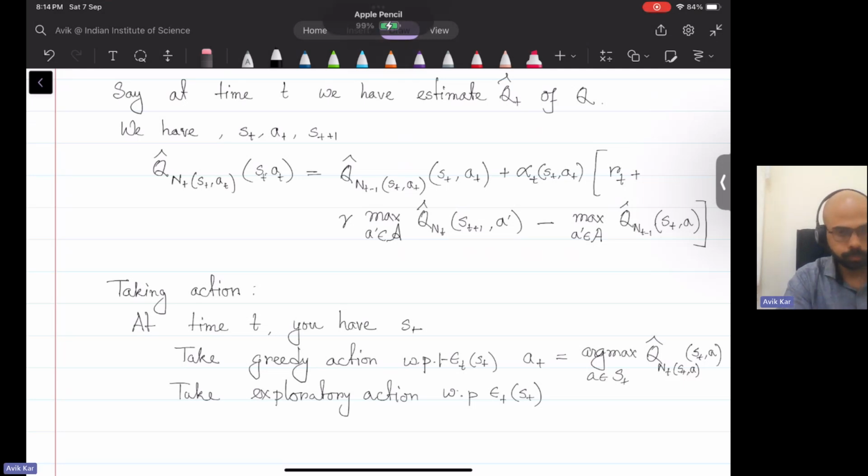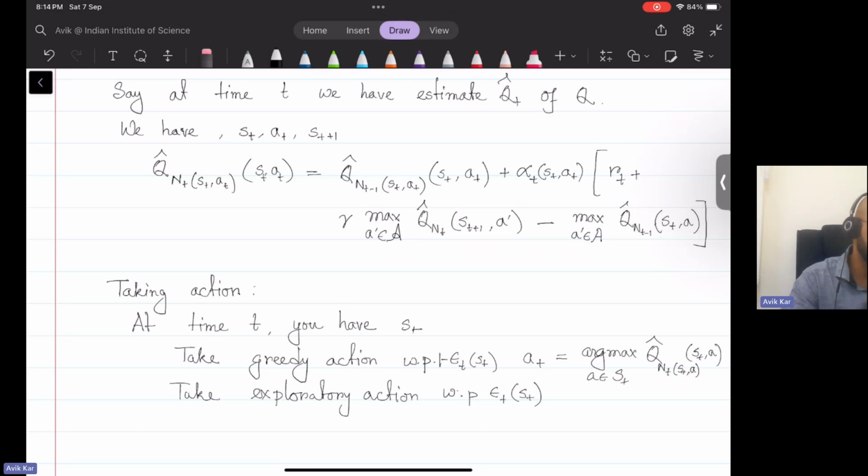Okay, so given that we now know what Q-learning is, you already know the algorithm from lecture, so we are not writing the algorithm explicitly.